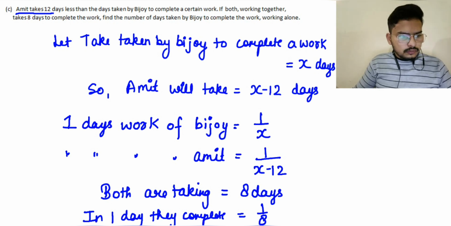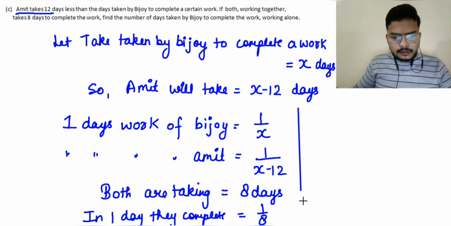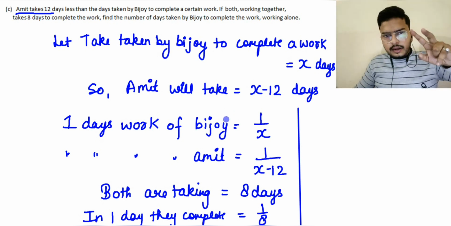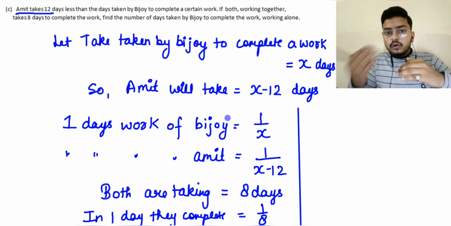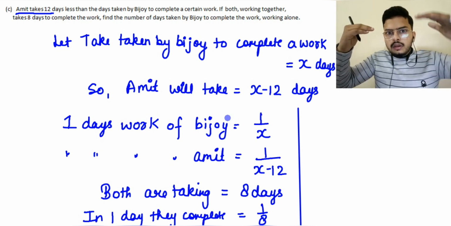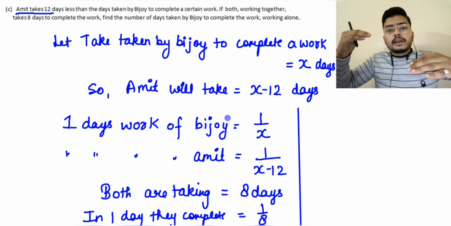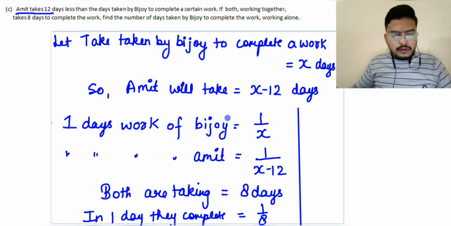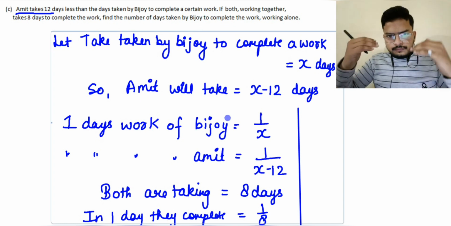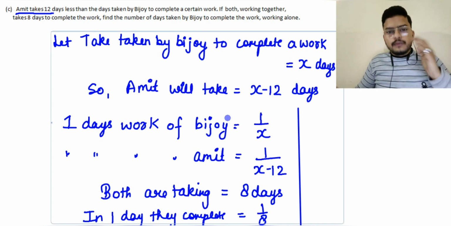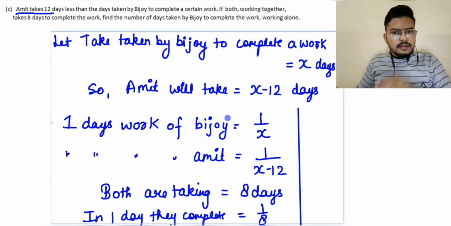So now you can add the one day work, but directly you cannot add, because you already know that if we increase the number of persons, the completion time of that work must decrease. Here it is inversely proportional, so we cannot directly add. We have to first find the one day work of each person, then add.